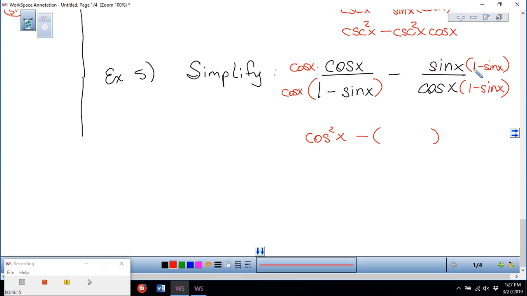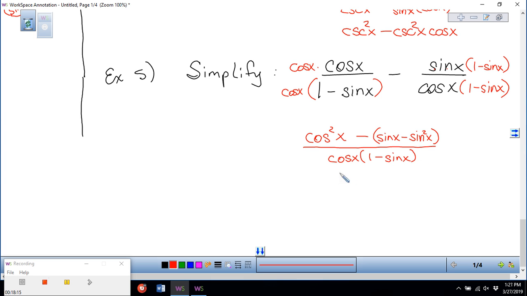Sine of x times 1 is sine of x. Sine of x times a minus sine of x is going to be a minus sine squared of x. And then on the denominator we have cosine of x times 1 minus sine of x.